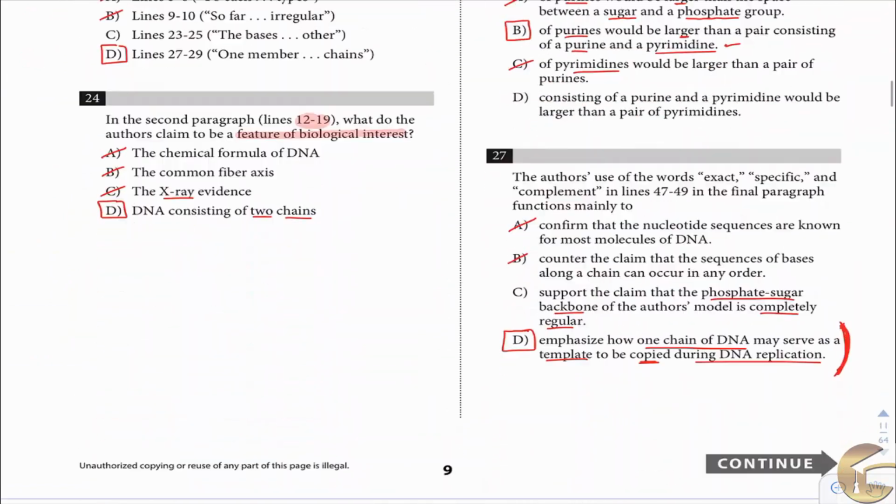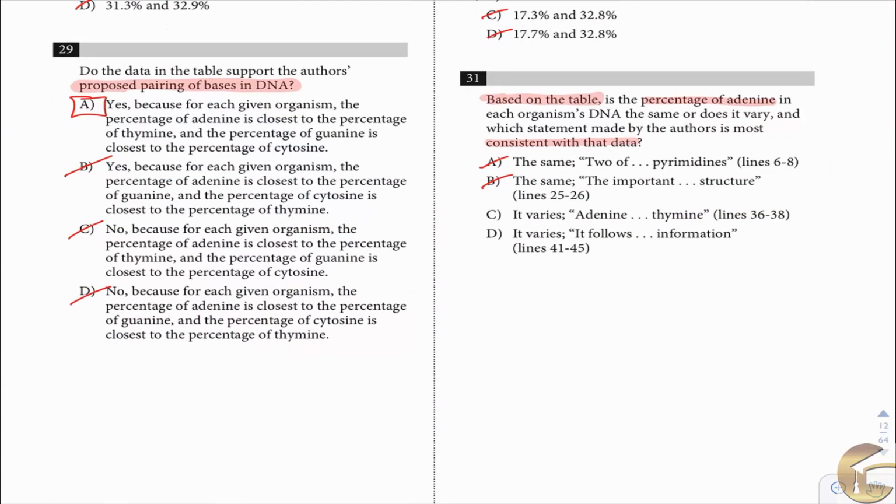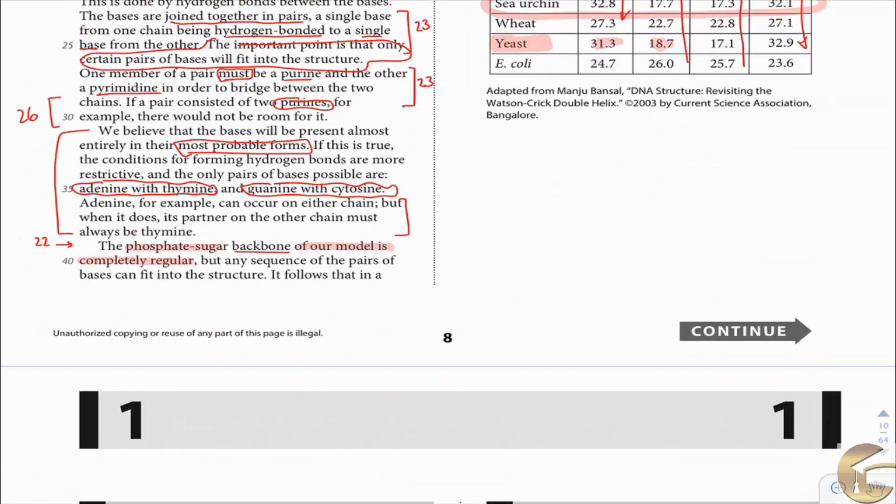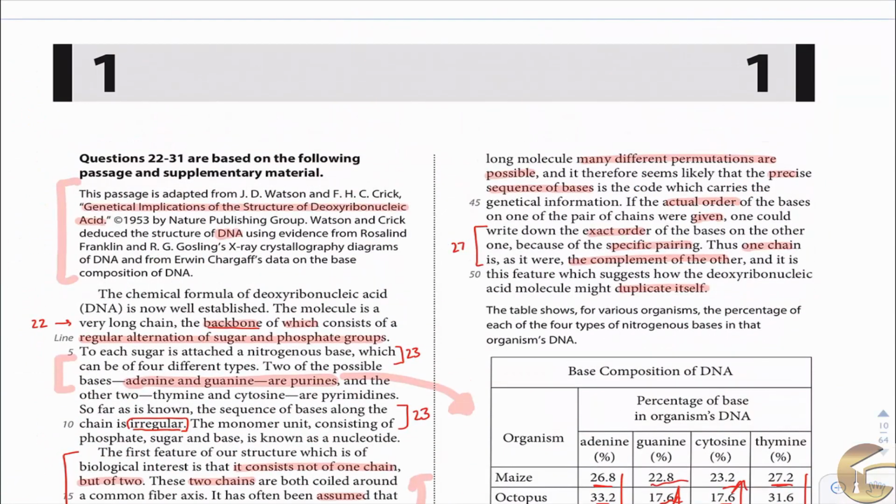So here I'm going to look at answer choice D. That's lines 41 through 45. Here it says it follows that in a long molecule, many different permutations are possible, and it therefore seems likely that the precise sequence of bases is a code which carries the genetical information. So in this case, again, does this answer the question? Well, it says based on the table, does each organism's DNA vary?